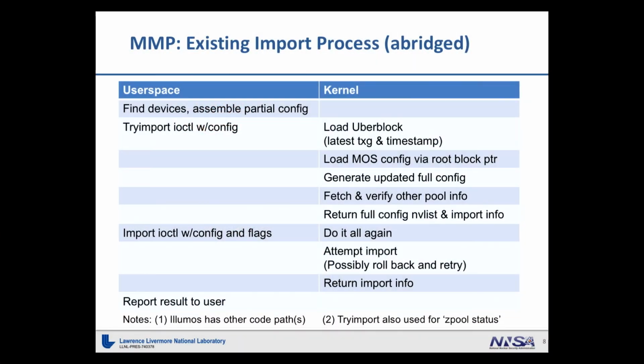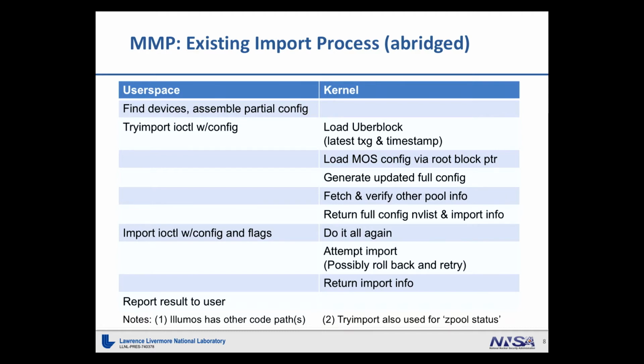It then uses the block pointer from that Uber block to load the MOS, get the config. It reconciles the MOS config with the partial one that it was given. It checks other information like features, and then passes back a full config if it was able to assemble one, and information about the import and whatever may have failed.